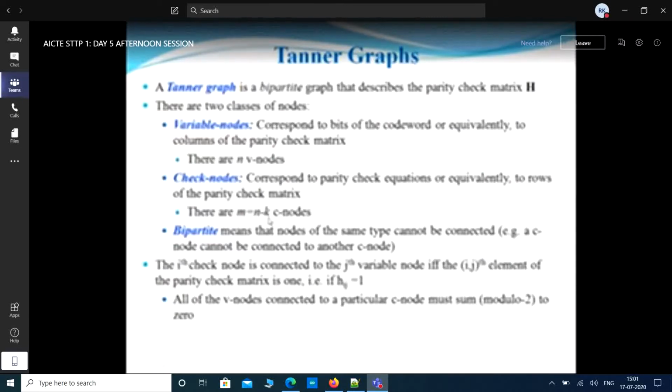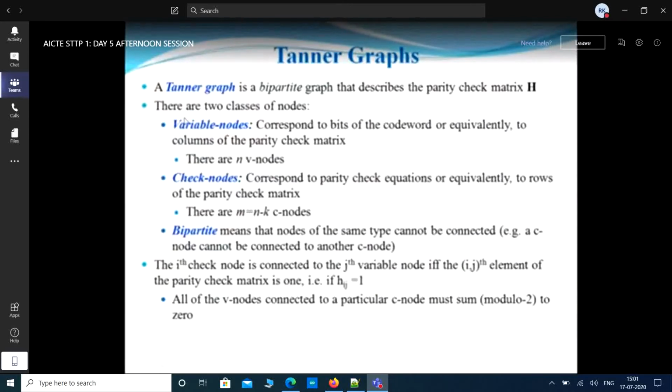Suppose we assume n equal to 10 and k equal to 4. N minus k is equal to 6, so 6 check nodes. So based on your parity check matrix, you get the number of variable nodes and check nodes in the Tanner graph.